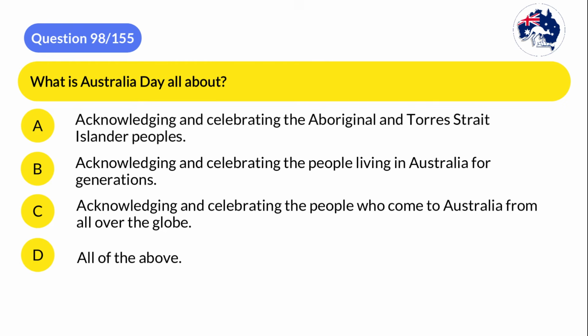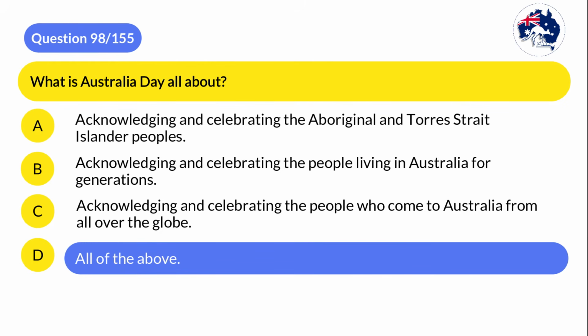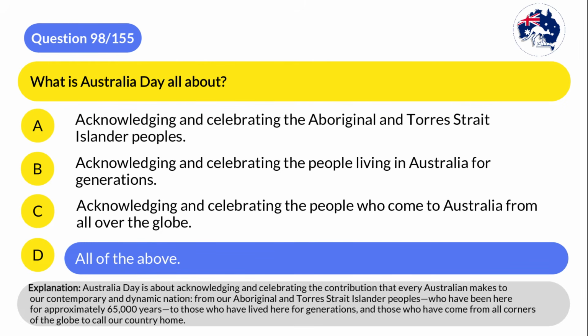The correct answer is D. All of the above. Explanation: Australia Day is about acknowledging and celebrating the contribution that every Australian makes to our contemporary and dynamic nation, from our Aboriginal and Torres Strait Islander peoples, who have been here for approximately 65,000 years, to those who have lived here for generations, and those who have come from all corners of the globe to call our country home.